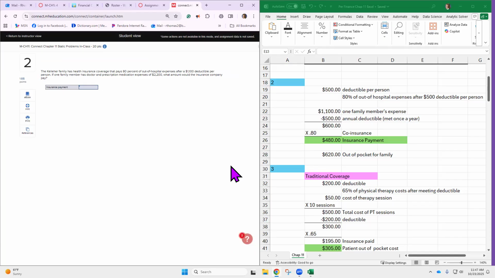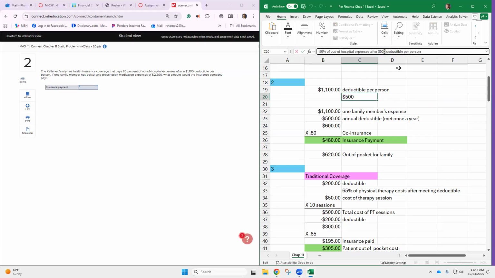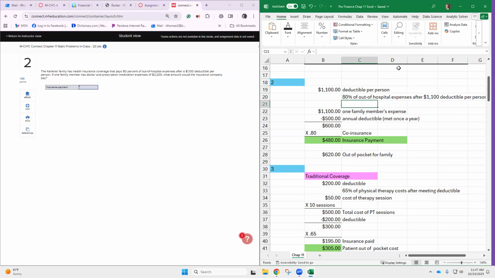All right, so let me see if I've got everything. The deductible per person is $1,100. We get 80% of out-of-hospital expense after that deductible. So that deductible has changed based on last time. So it's increased. So they've got to pay $1,100 before their insurance kicks in.